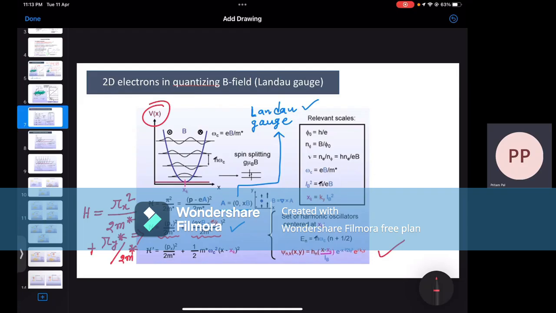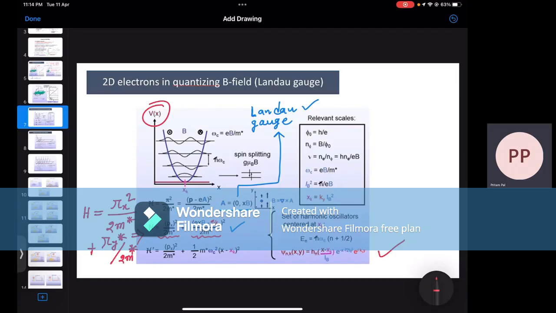And a parabolic potential centered. It's called the orbit center coordinate, which is actually a function of my momentum ky. So the larger my magnetic field is, the more curvature I have in my parabolic potential.